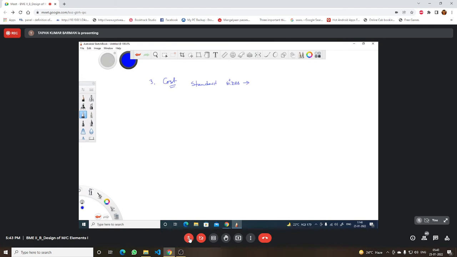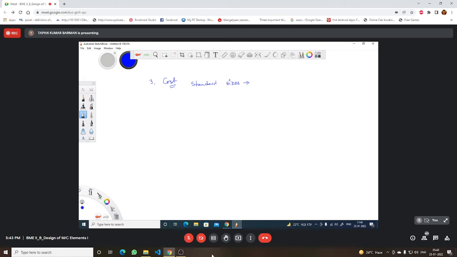That does not mean if your design does not permit to change the calculated dimension, you may go for the standard one. There are some specific applications where you cannot change the dimension. But whenever you have the freedom, whenever you have some scope, always you should go for the standard dimension.